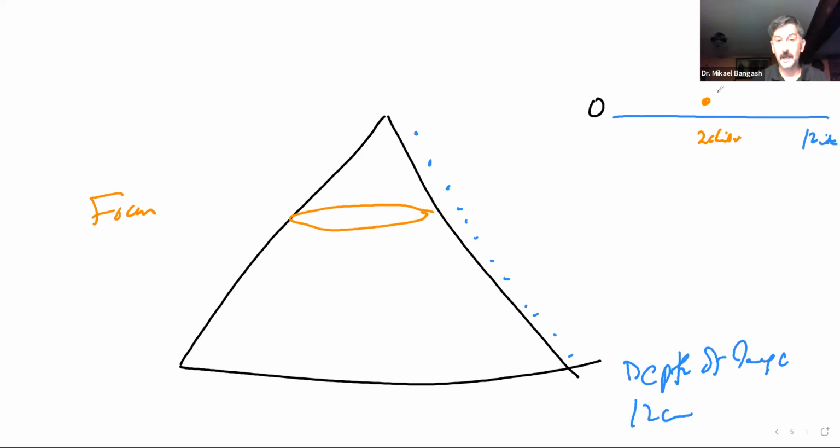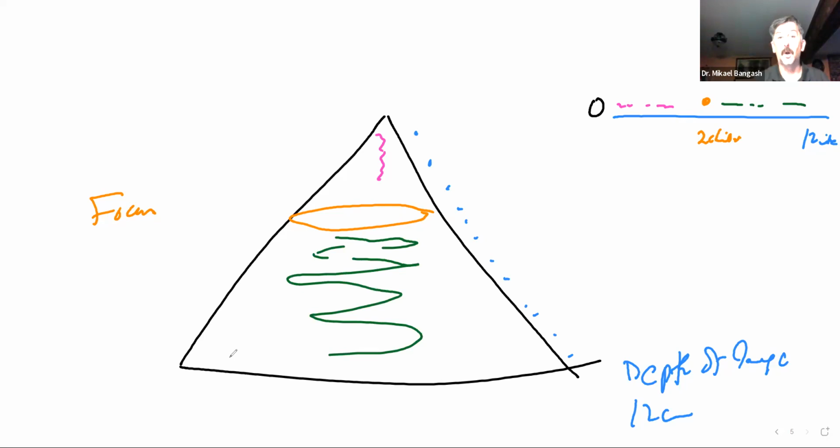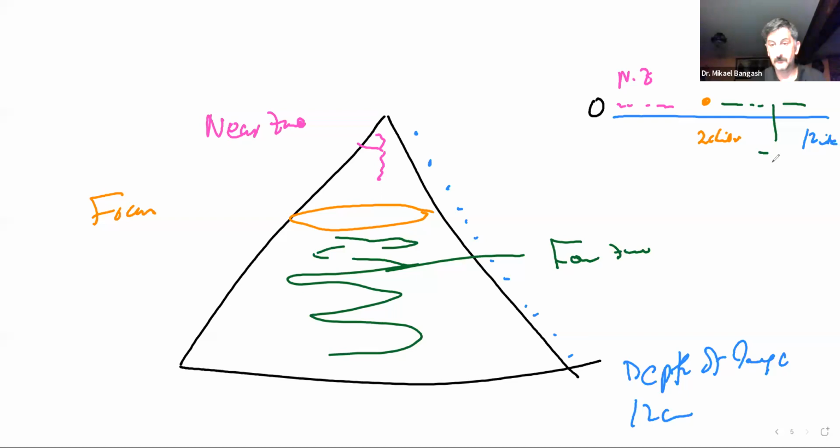Which means you may still be looking at this area here, or which is like here. You may even still be looking at this area here, which is here. Or we can say this would have been your near zone, just like this was. And this here is what has been your far zone, just like this one.